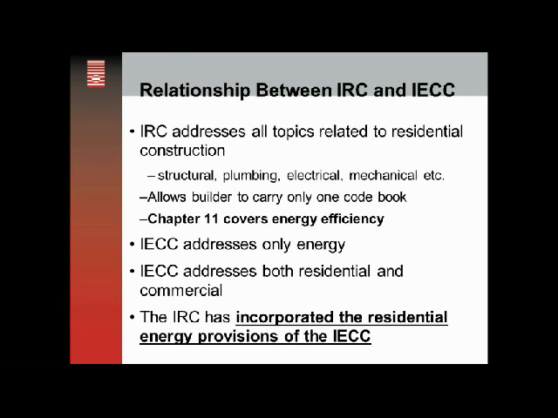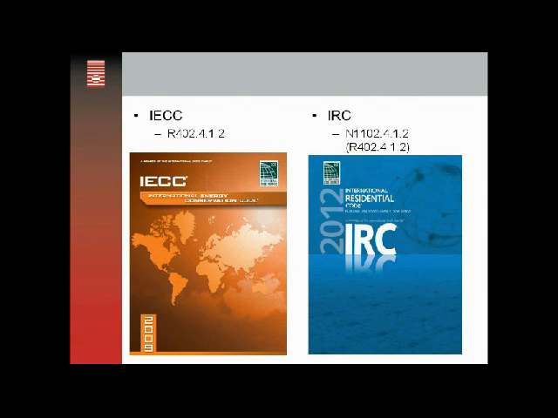On the other hand, the IECC, the International Energy Conservation Code, is an energy code with both residential and commercial provisions. I believe in the 2009 version of the code, the IRC fully incorporated the residential provisions of the IECC. So they are essentially interchangeable, and what you'll see in terms of the chapters and sections of the code is a numbering system.